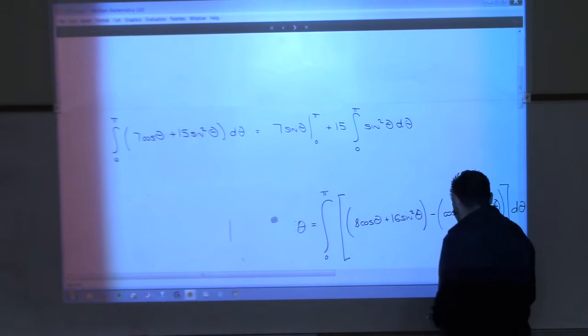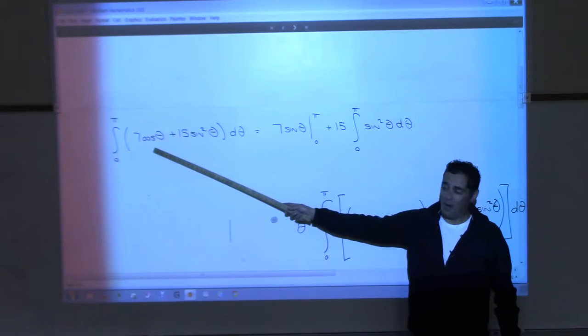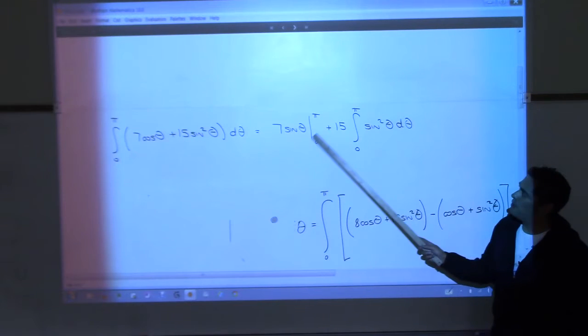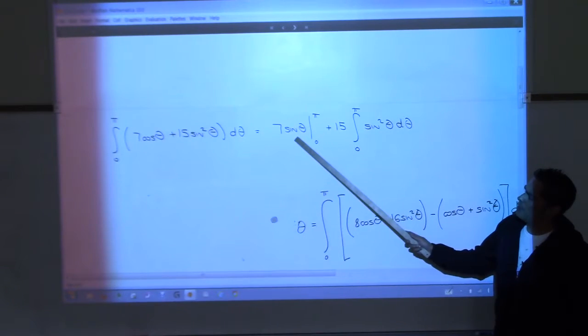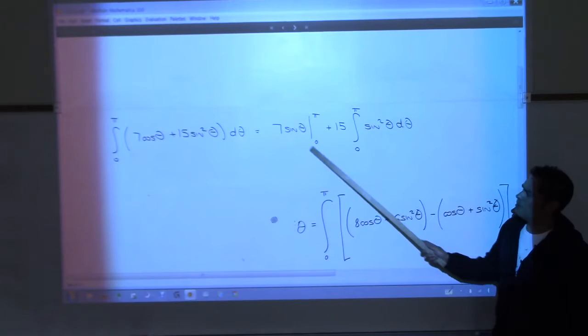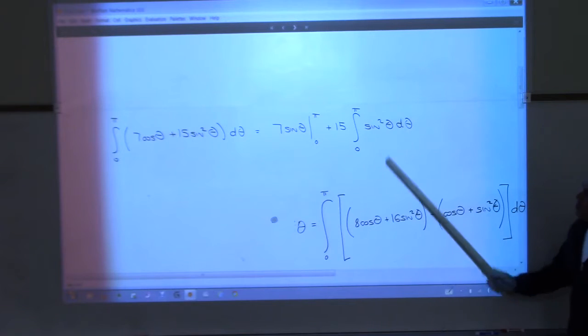So I went ahead and took care of the first integral because the antiderivative of cosine is pretty straightforward. I'm going to evaluate it at pi and at 0. What am I going to get? Sine of pi is 0, and sine of 0 is 0. So I just get 0 from this. But I need to integrate that other one.